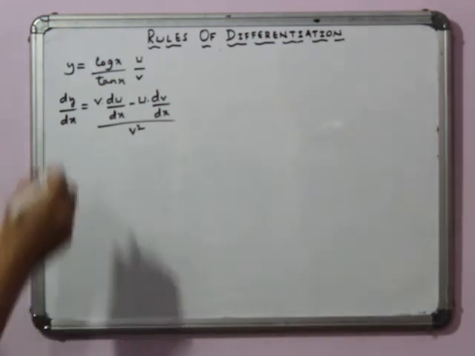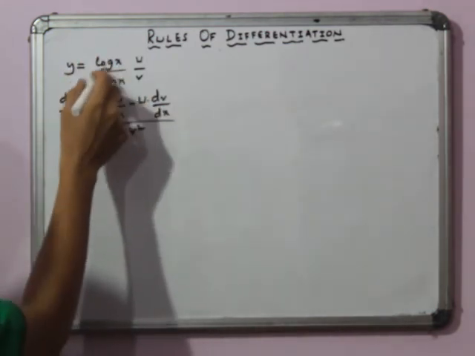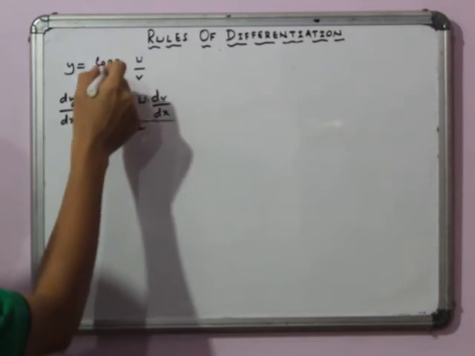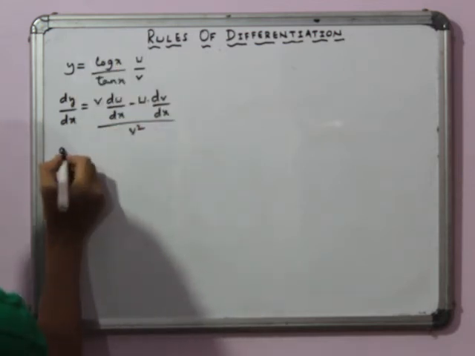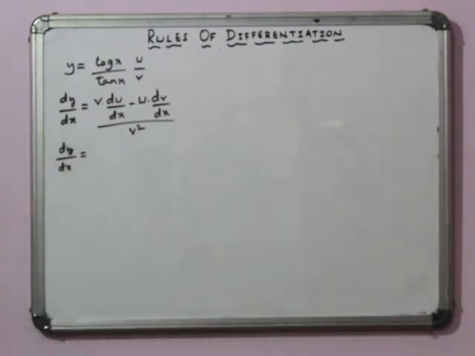Now let us substitute the values. Let us substitute the functions, which is u and which is v. We already know this. Dy by dx is equal to v.